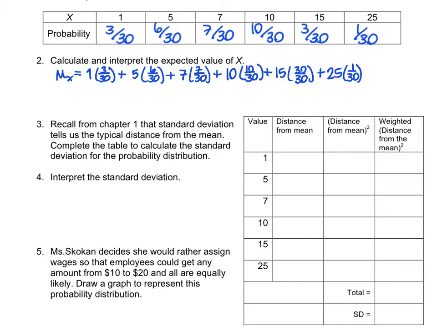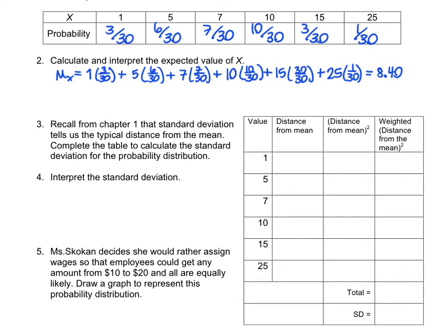And when we do this, with this particular probability distribution, we end up with 8.40, and then we need to interpret this value.